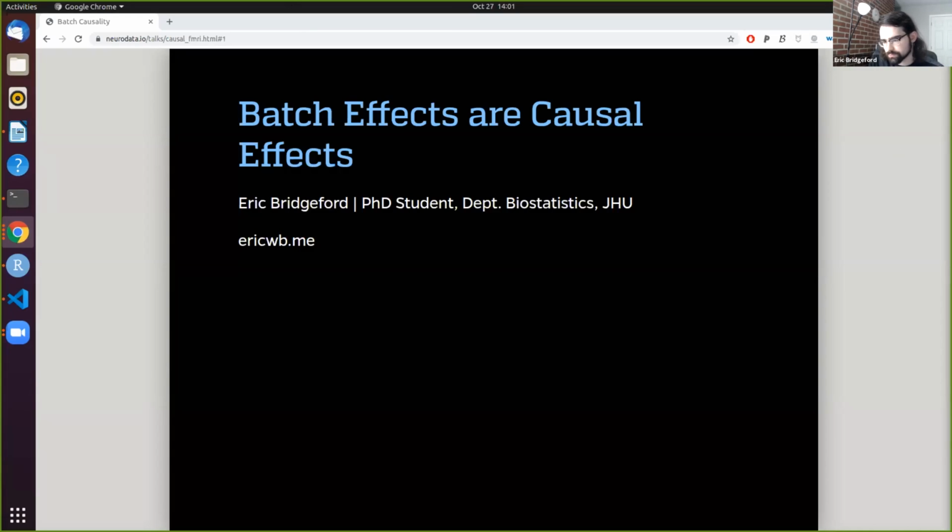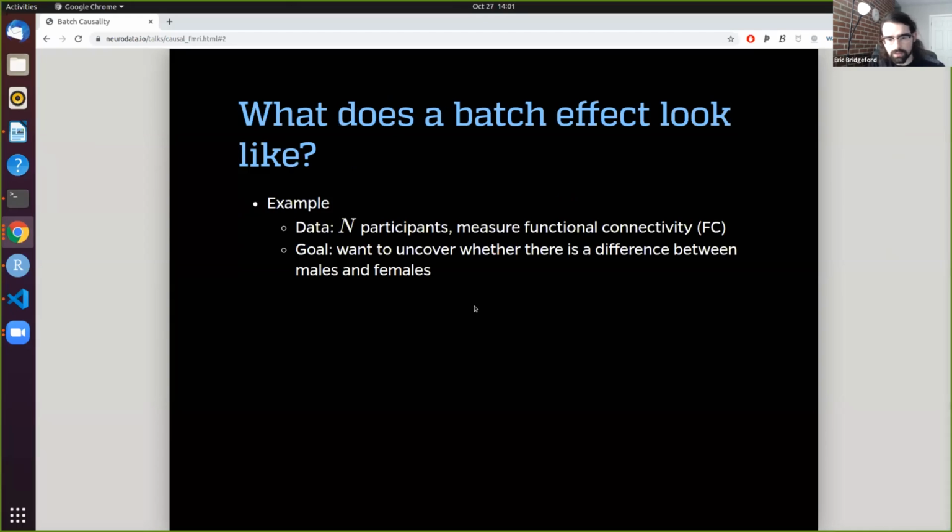So to start us off, I will discuss a little example here. Let's say we have n participants and we measure functional connectivity, let's say pairwise correlation between the ROI time series in this case. My goal is to effectively address whether or not, at specific edges, there is a difference between the FC of males and the FC of females?